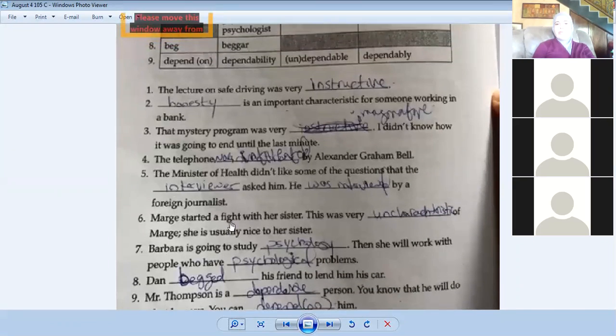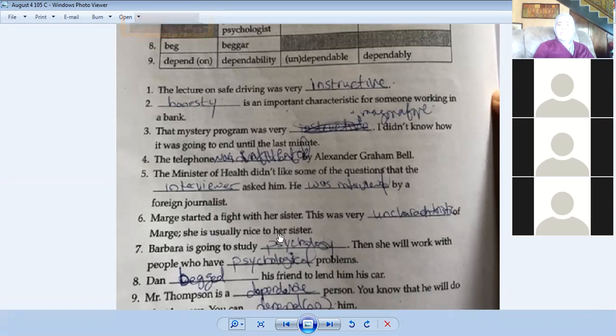So we want to move on to 6. Marge started a fight with her sister, like all sisters do. All sisters do this, right? They start fights with their sisters, and now, this was very what? Very should be followed by what, guys? By an adjective. This was very uncharacteristic of Marge.